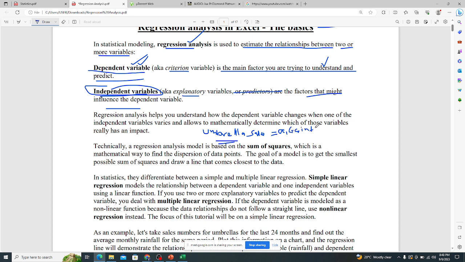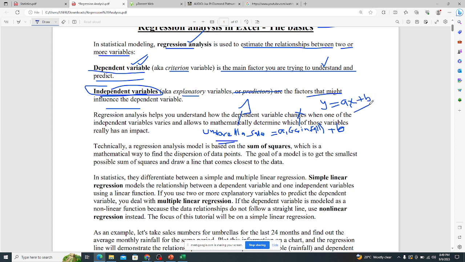Rainfall will be our X variable, and umbrella sales our Y variable, plus another constant, B. You can see this assumes a linear equation: y equals a multiplied by x, plus or minus b.